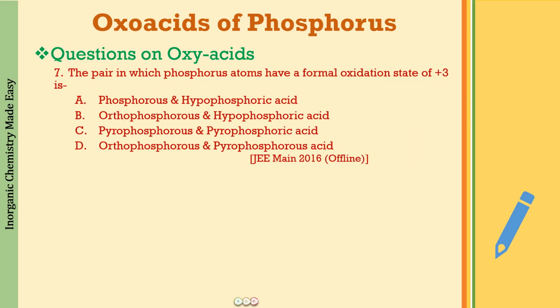So in this question, first of all, what you're supposed to know is that phosphorus acid and orthophosphorus acid mean one and the same thing. Similarly, phosphoric acid and orthophosphoric acid are going to mean one and the same thing. All right. So again, you have to calculate the oxidation state. So you should be able to tell what is going to be the formula for these compounds, or you have to remember the trick that I told you people.